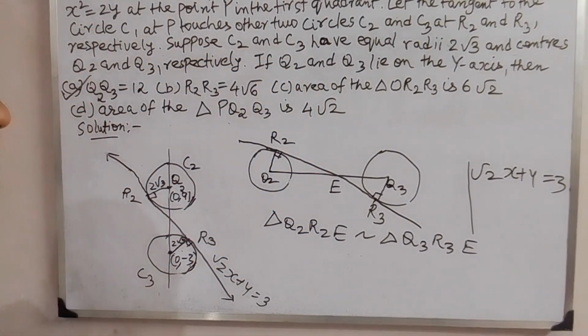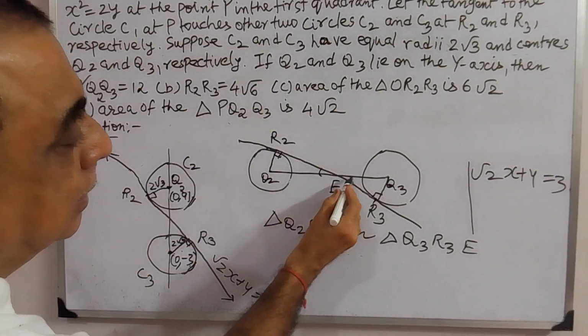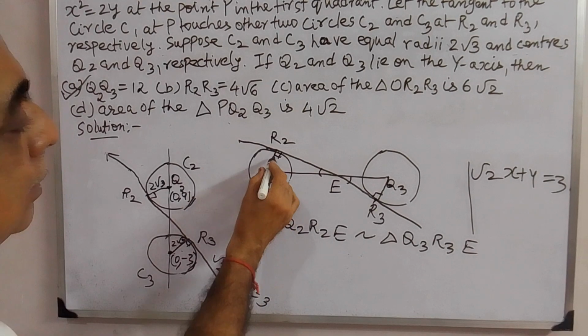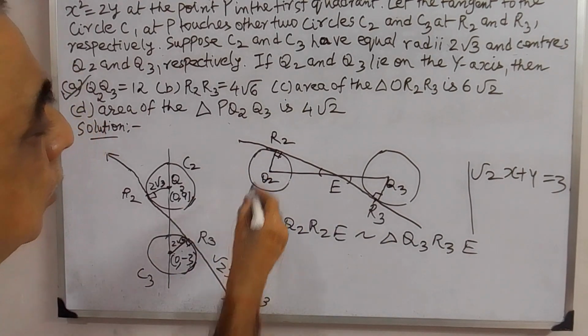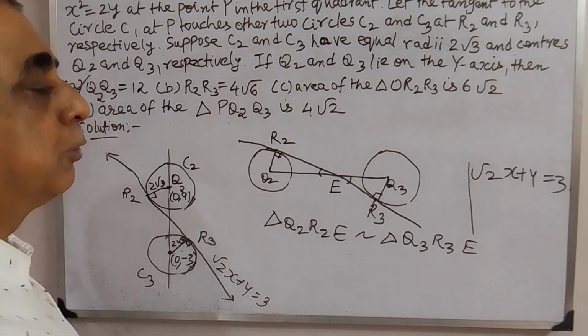Why are they similar? See here, these two angles are vertically opposite angles, so they will be equal. This is 90, this is 90, because the radius is perpendicular to the tangent.